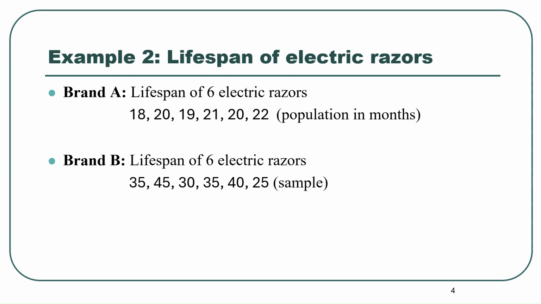Dot-tested electric razors from two brands, A and B. Data from the 6 electric razors from brand A are the whole population, while for brand B it was just a sample from a population.